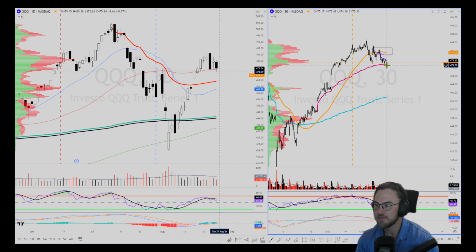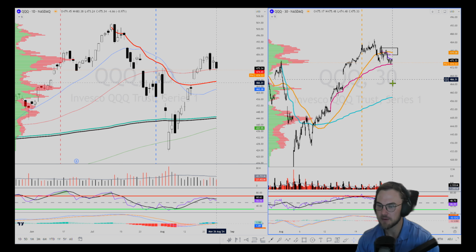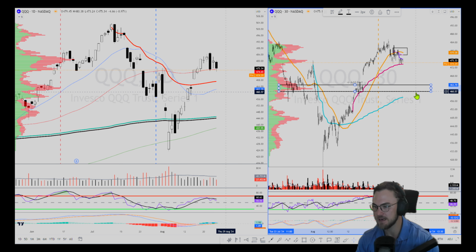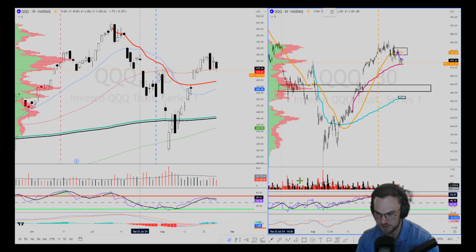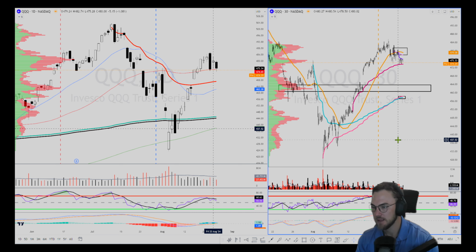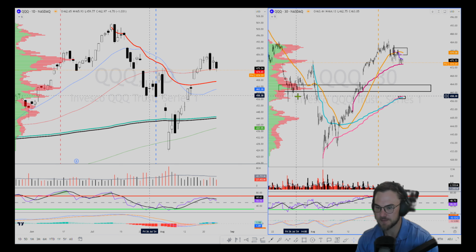If we break this 473, I'm going to be monitoring this level for demand at this 463 to 460 area, and then 457 is the month-to-date VWAP, which just like the SPY, we could see this low has a very similar price.